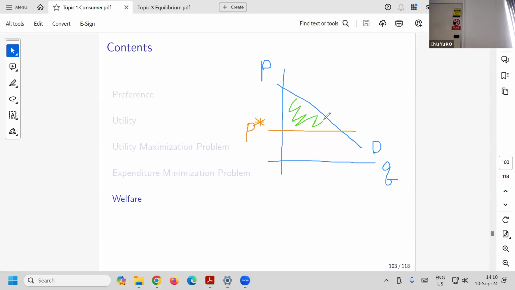Before we do that, some of you would wonder why we care about consumer surplus at all. First, consumer surplus is how antitrust is evaluated. If two firms get merged, consumer surplus will be the thing people care about, at least in the US. In the EU, they talk about consumer surplus and firms' profit together, total surplus.